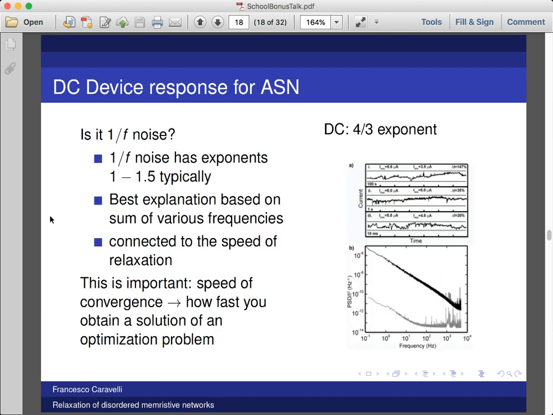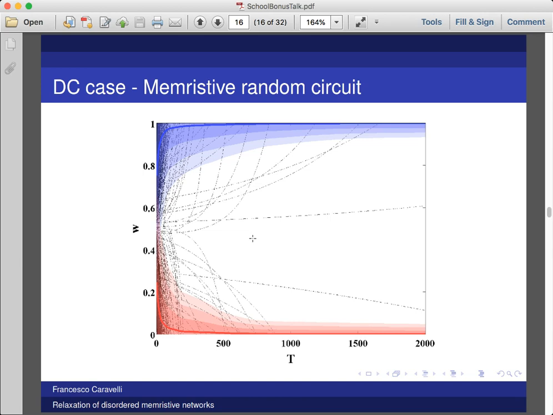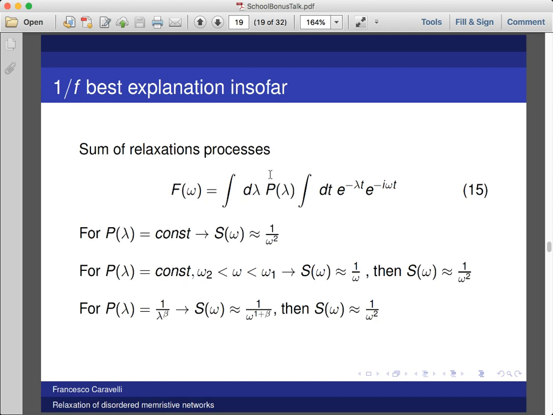And you have a certain relaxation for certain components, let's say e to the minus lambda t. If you take the sum over a certain distribution of these, which is pretty much what you observe in this slide, you see several components relaxing with a certain time scale, but the sum of it, which is the red curve for those going to 0 and the blue curve for those going to 1, is going to follow a certain behavior.